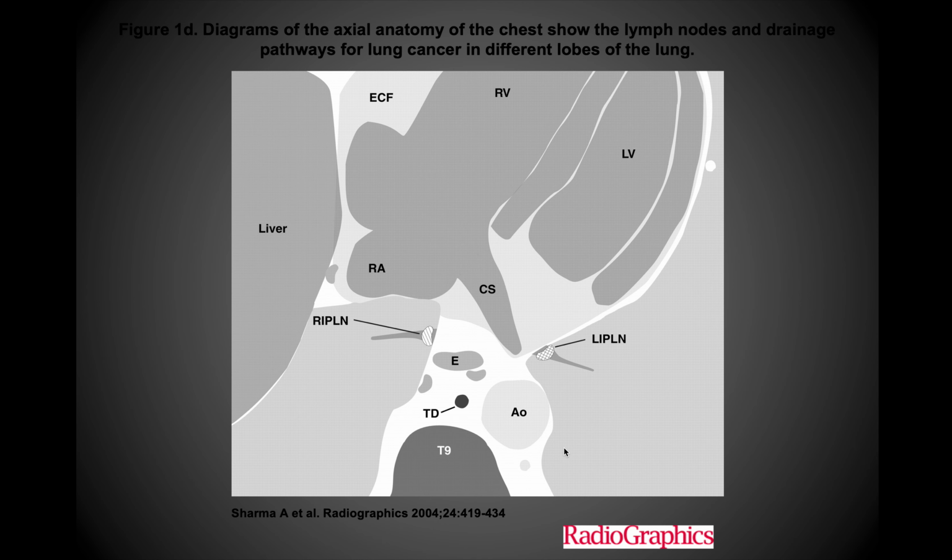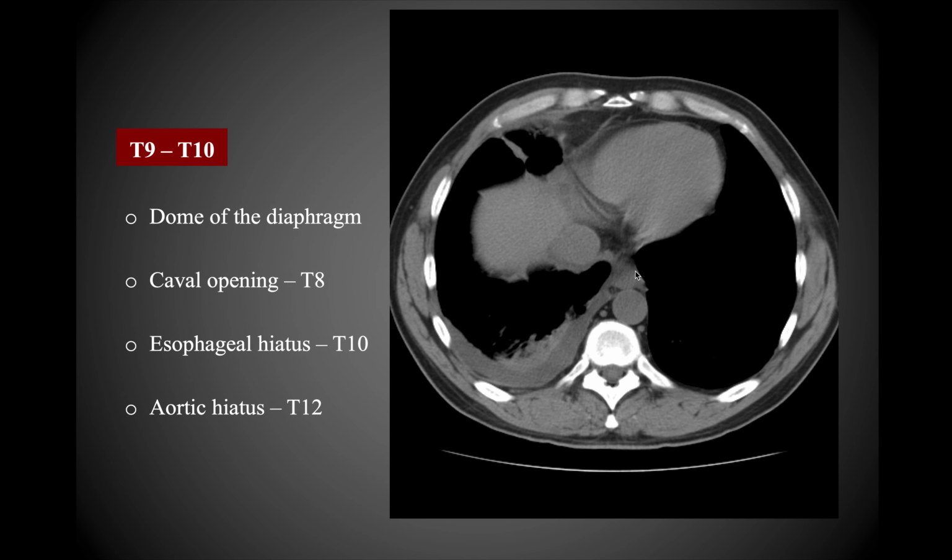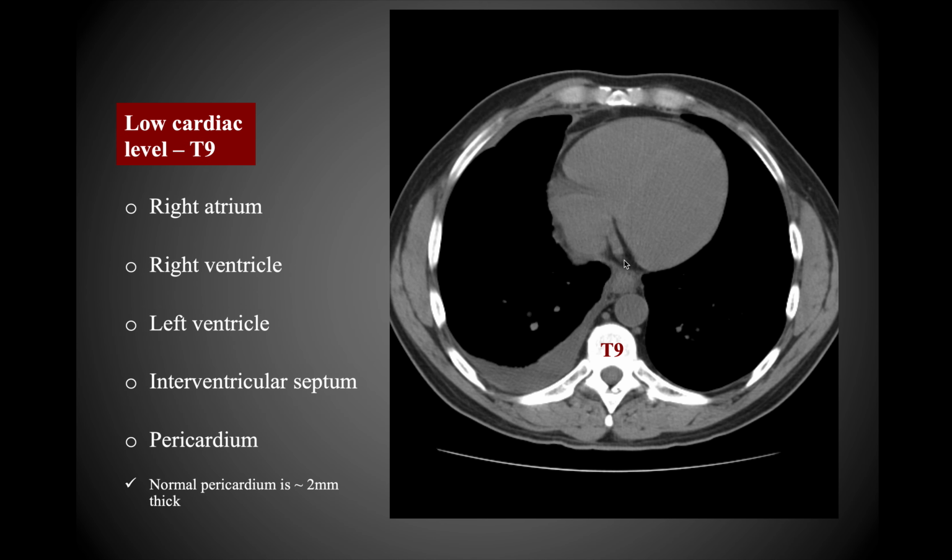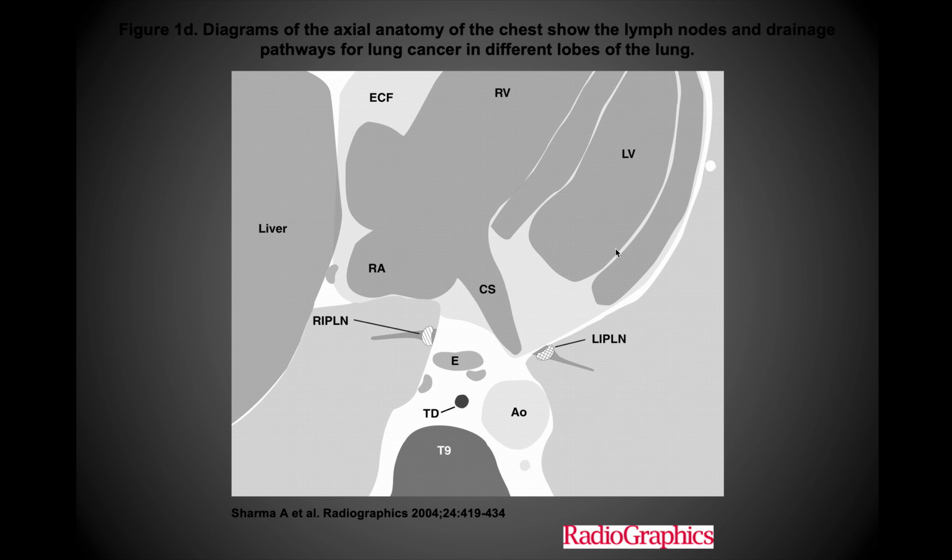And so this is the same or similar diagram to what we just looked at. So where you can see the right atrium, right ventricle, left ventricle, coronary sinus, which I didn't point out over here, but you can start seeing that cutting across. Actually, let's see. Here in this image, you can see the coronary sinus coming across right here. So that's what this is showing you, the coronary sinus as it's dumping into the right atrium.